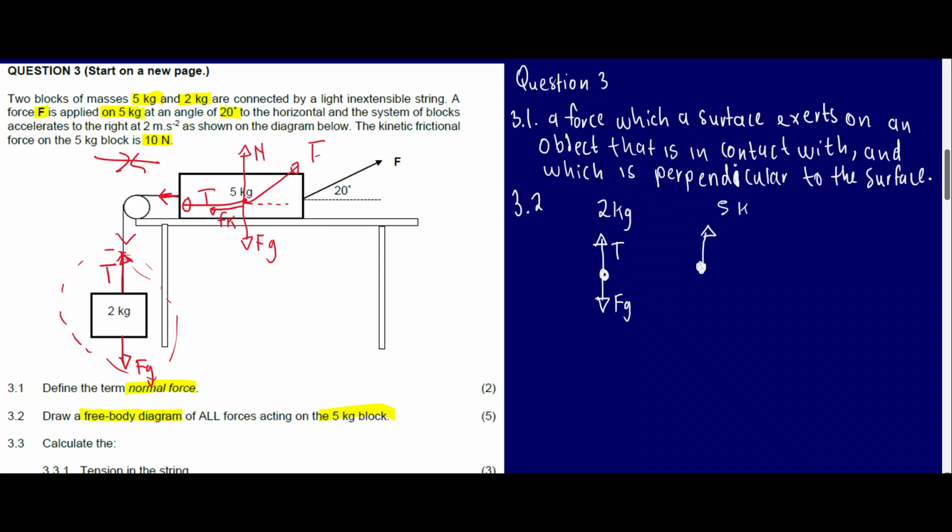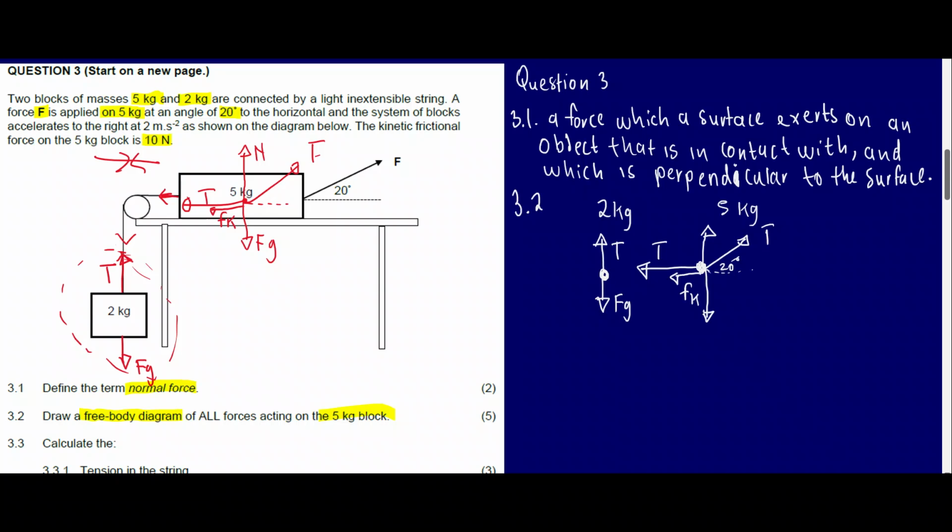On the 5 kg block, we have the normal force, the tension force, the kinetic frictional force, and a force applied at some angle, which is force F. I don't think we know its magnitude necessarily.